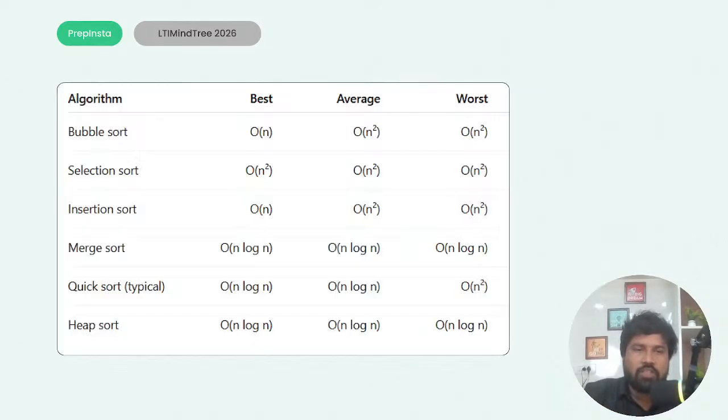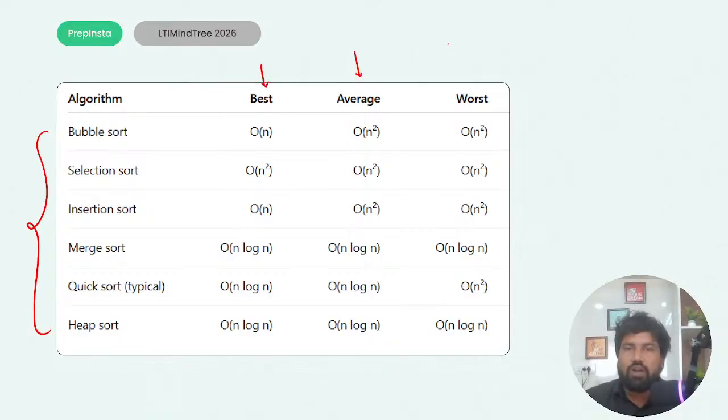Hardly how many sorting algorithms will you have: bubble sort, selection sort, insertion sort, merge sort, quick sort, heap sort. These are the important sorts. You will go through the theoretical part and learn the things, right? So you need to know about best case, average case, and worst case time complexities as well.